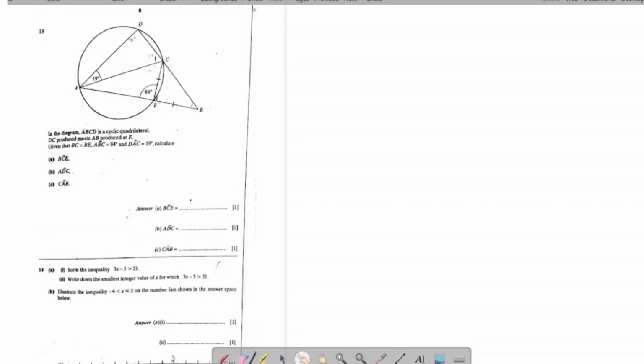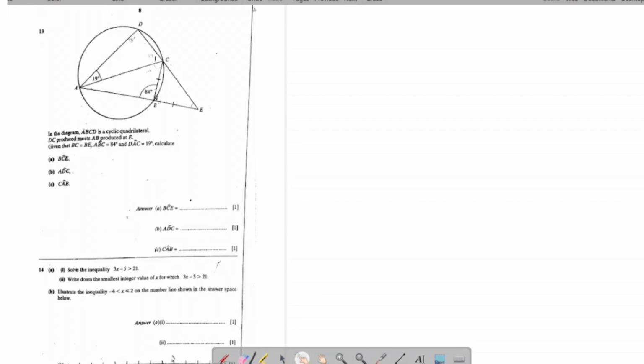So from this statement, BC is equal to BE, which makes this small triangle an isosceles triangle. So this angle and that angle are equal. Here we have 84.